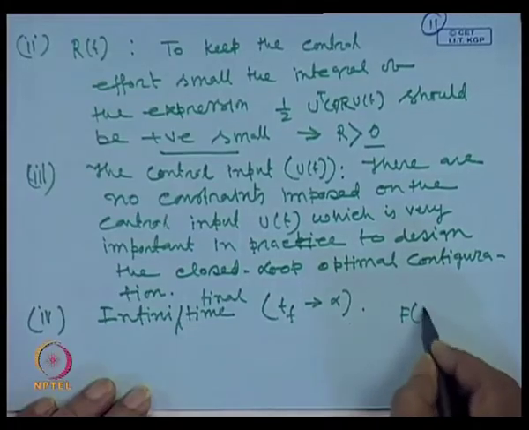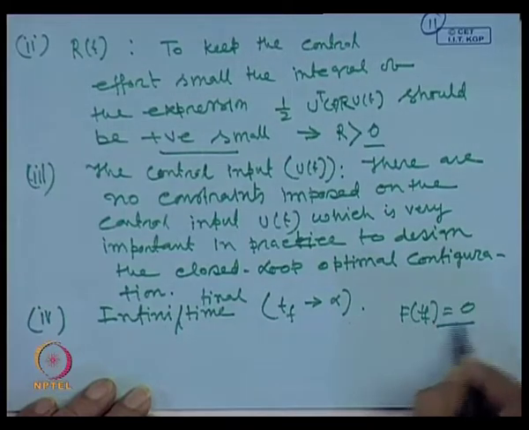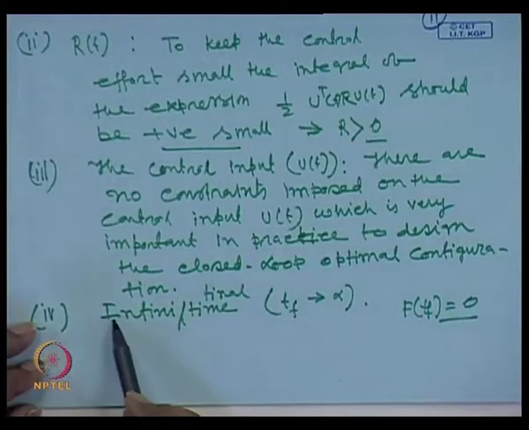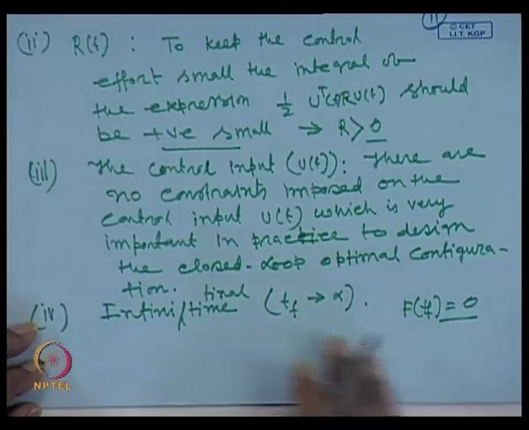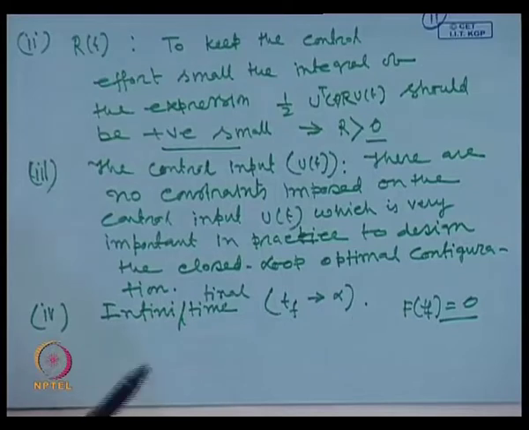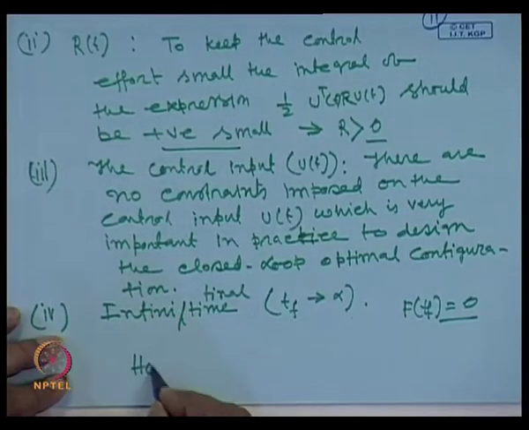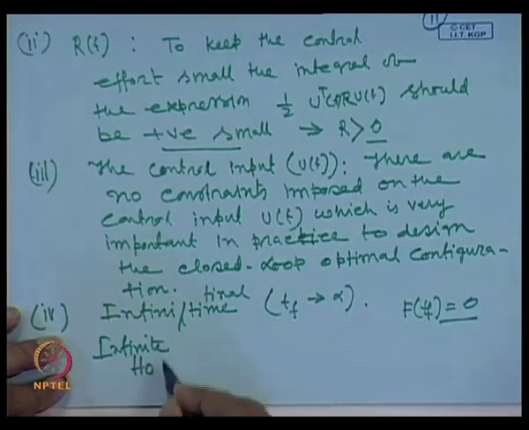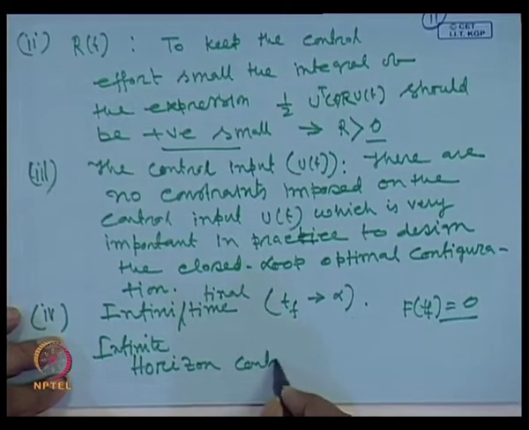So, in that situation the terminal weighting function has no sense at all. So, we will put F of T f equal to 0 when t tends to infinity. This type of problem is called an infinite horizon control problem.